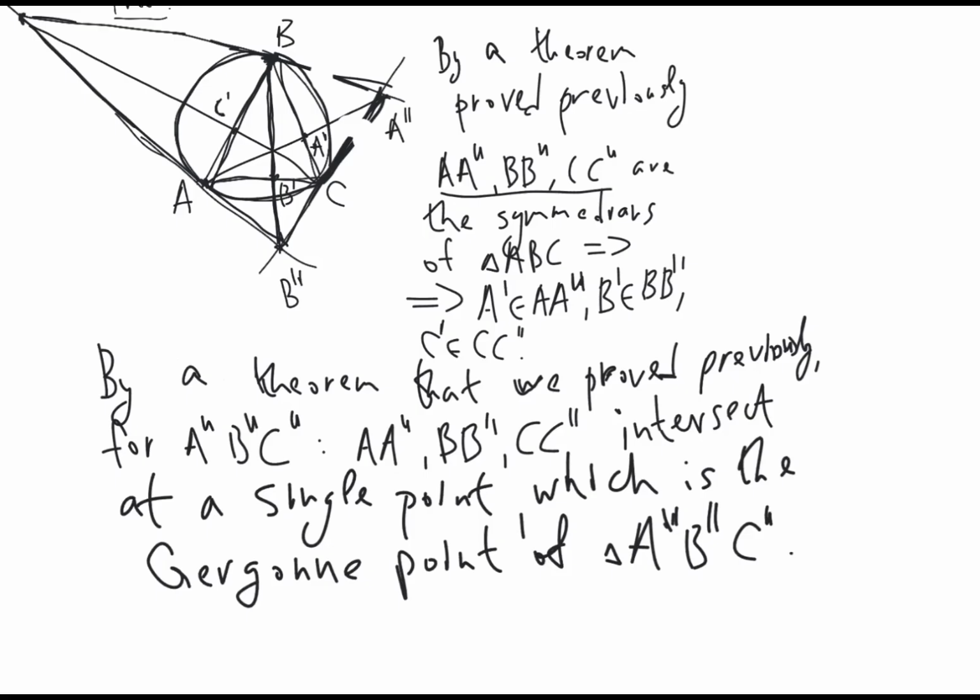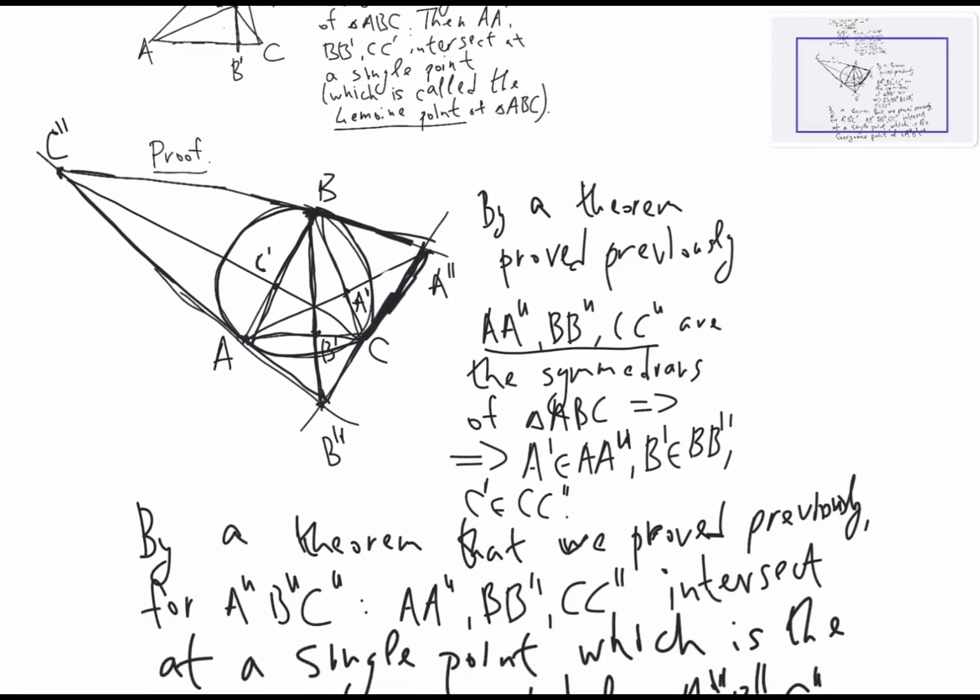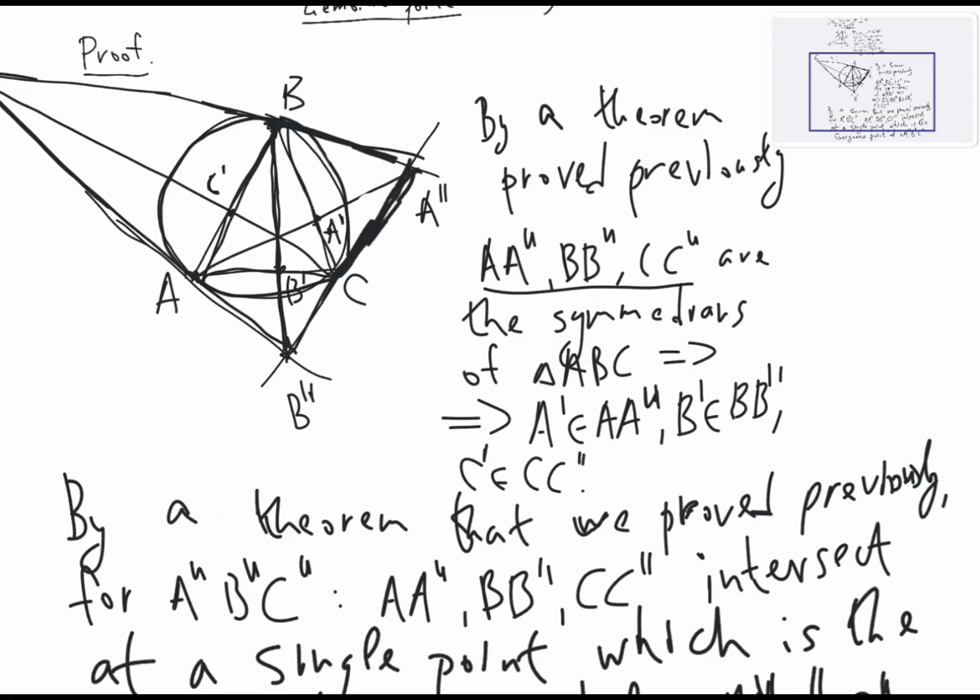But the first statement, that the symmedians pass through these points A2 prime, B2 prime, and C2 prime, the connection between the symmedians and the tangential triangle, is a much more difficult statement.